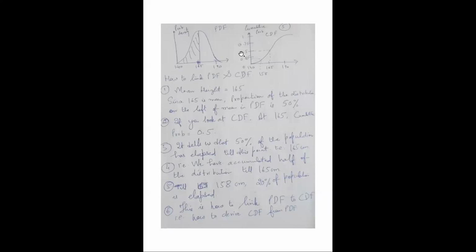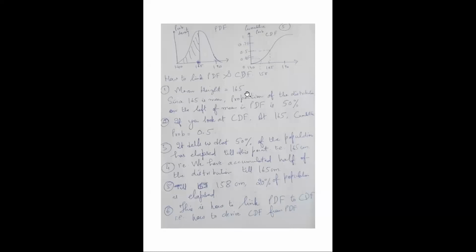What does it mean? 50% of the distribution is around 165, because in the PDF, when you reach 165, 50% of the proportion of the probability of the female heights has elapsed. In the CDF it gives the same thing: corresponding to 165, there is a cumulative probability of 0.5. It tells me that 50% of the population has elapsed, reaching up to 165.